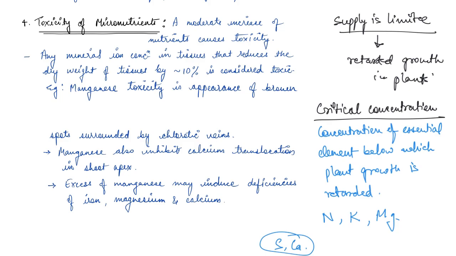So, guys, with this, we have covered the topic of deficiency symptoms and toxicity of nutrients, and I hope you have understood it. I hope you'll remember the different types of deficiency symptoms like chlorosis, necrosis, stunted plant growth, which are given in NCERT, and you'll also remember the examples given in NCERT.